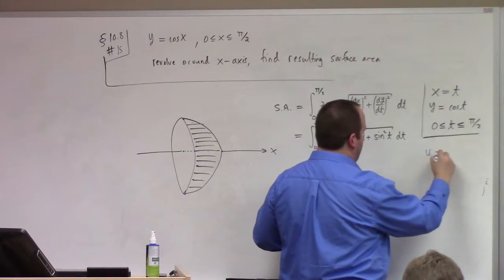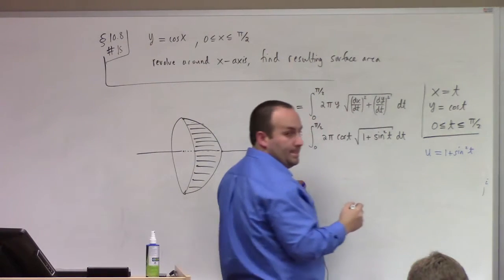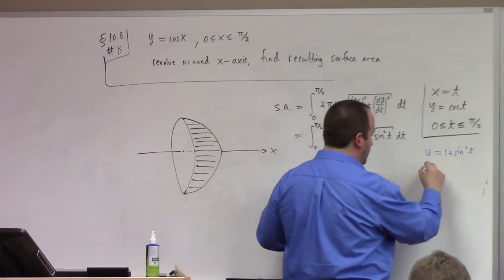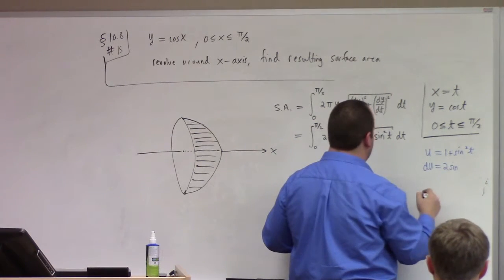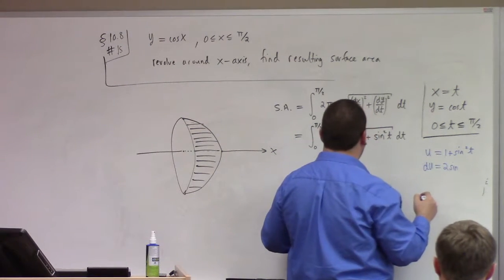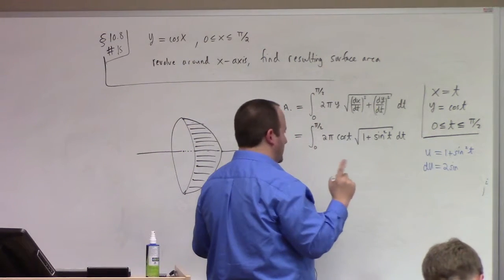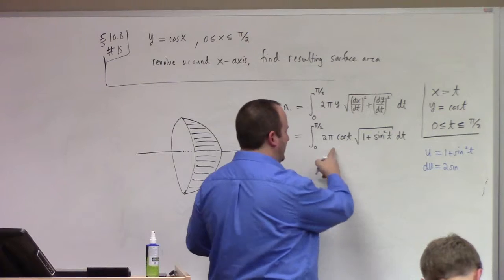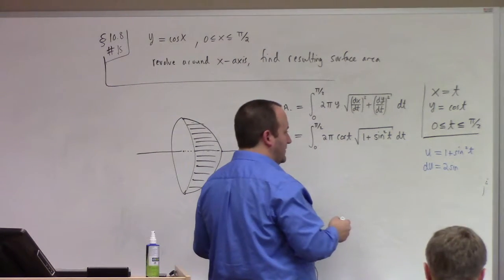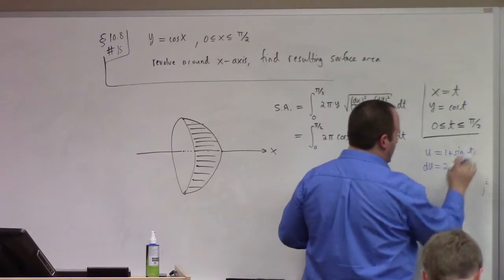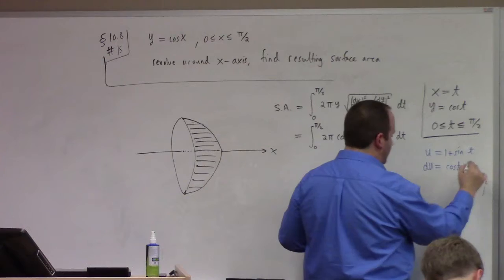If u equals 1 plus sine squared t, that makes du 2 sine cosine... that's not going to do it. I don't have a sine cosine to play with. Their solution did a u substitution with sine. Okay, let me try that. That gives me cosine t dt.